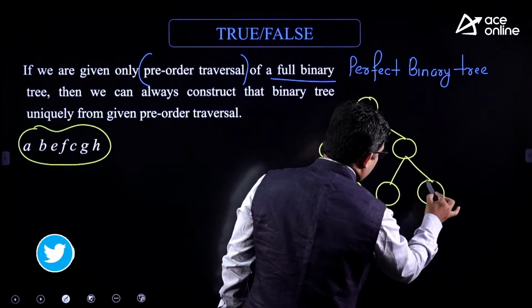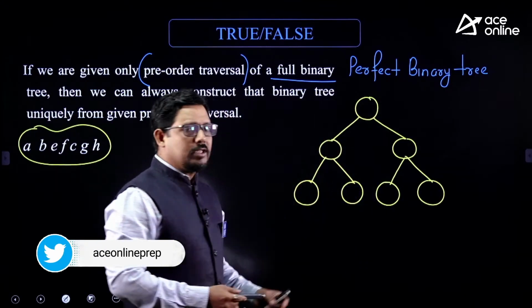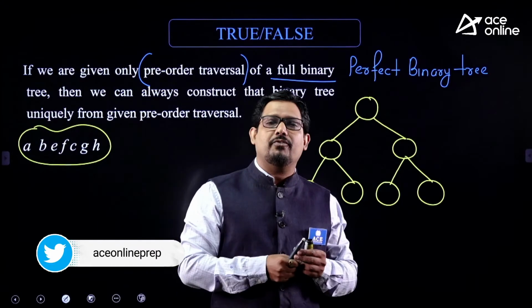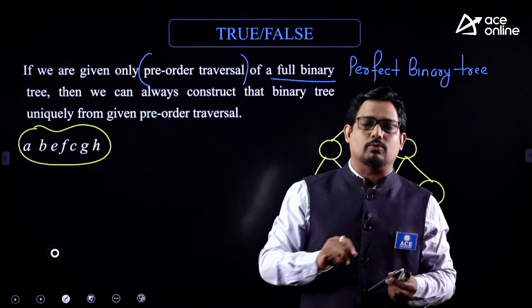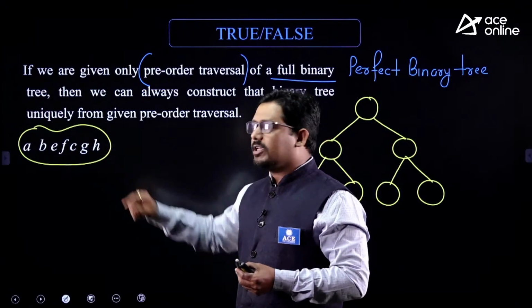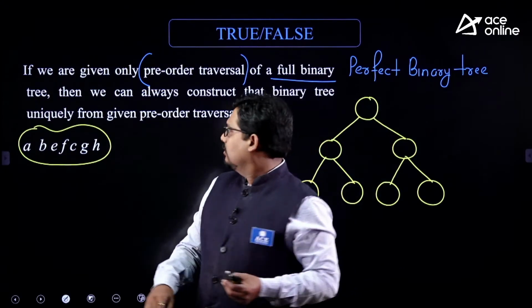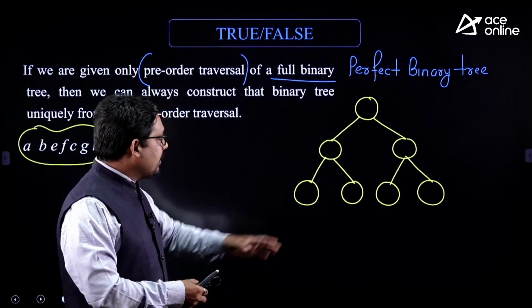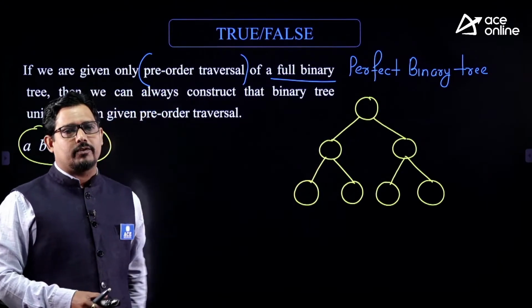Believe me, once I know the structure of the tree, I can label it, I can fill in the node values by using pre-order traversal. Is it pre-order? Yes, it's pre-order. Only with this traversal I can do the filling.